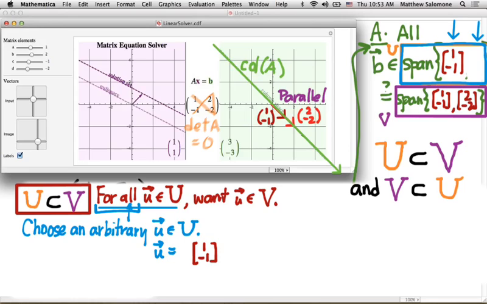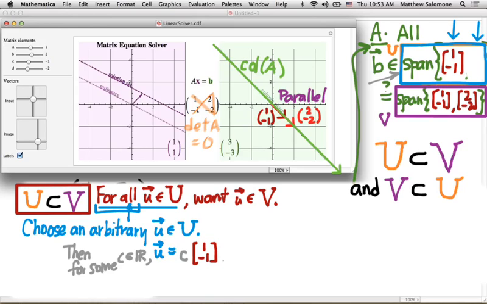So in other words, u is going to be some constant times (1, -1) plus, but we don't have anything else. We don't have any other vectors in this set. So every u that belongs to the span of (1, -1) must be a multiple of the vector (1, -1). So it's got to look like c times (1, -1) for some constant c. So this is what our vector u looks like.